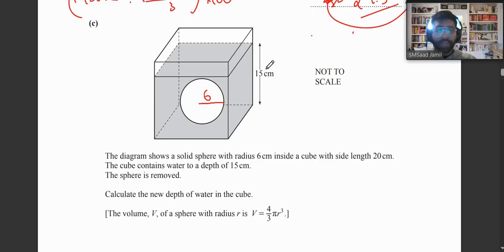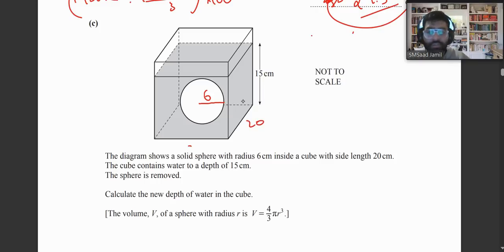So first I will calculate the steps. I will calculate the volume of the sphere. I will calculate the volume of this cube. I will subtract it, and then I will get a new volume without the sphere. And then I will use my formula to find the height. So look guys, it says the cube with side length 20.